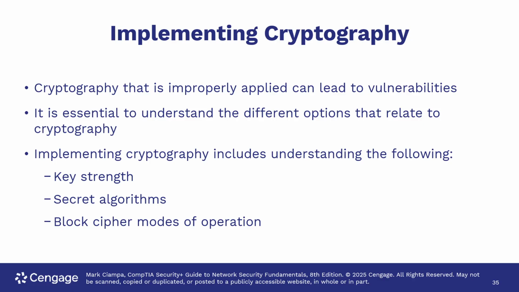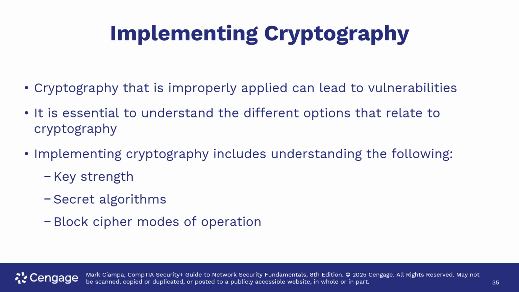So to implement cryptography, you need to establish the following things. Cryptography that's improperly applied can lead to vulnerabilities. Remember in the previous chapter we had attack vectors. Well, if it's improperly applied, this vulnerability can be an attack vector. It's essential to understand the different options that relate to cryptography.